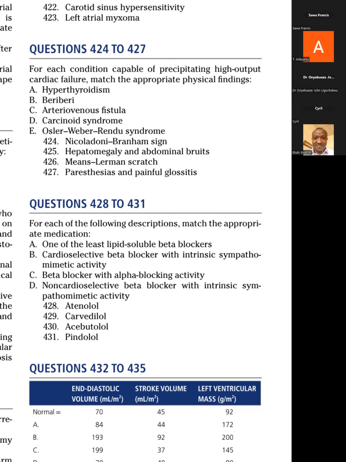hyperthyroidism. Of course, we are left with 427, paresthesia and painful glossitis. Between option B, beriberi, and option C, carcinoid syndrome, the appropriate answer here will be B, which is beriberi. It has to do with vitamin thiamine deficiency.